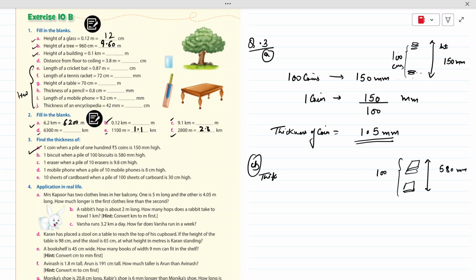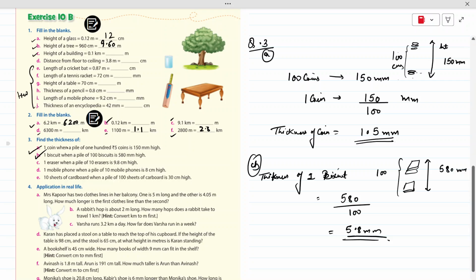So I'm writing thickness of one biscuit straight away. How can we find it out? This is the total height divided by the number of biscuits, which gives us 5.8 millimeters, right?